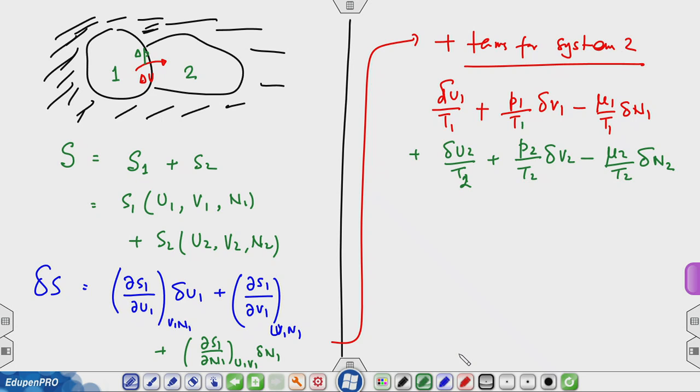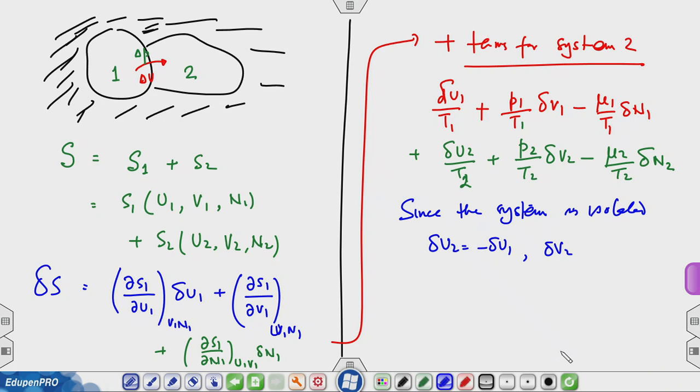Since the entire system is isolated, U does not change. Since the system is isolated, there is no heat exchange, there is no work done, so delta U2 is equal to minus delta U1. Delta V2, the entire volume is fixed, is equal to minus delta V1, and delta N2 is equal to minus delta N1 because the number of particles remains the same.